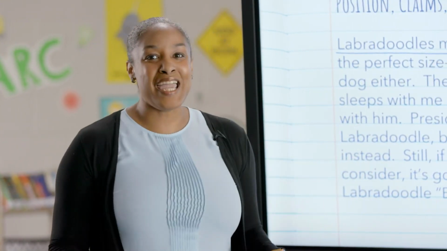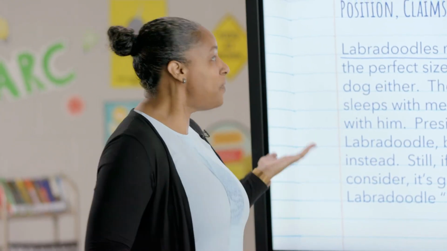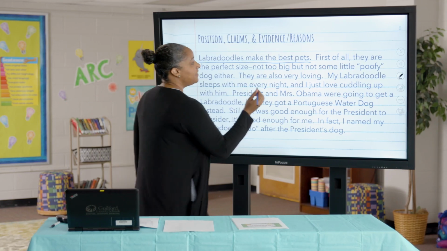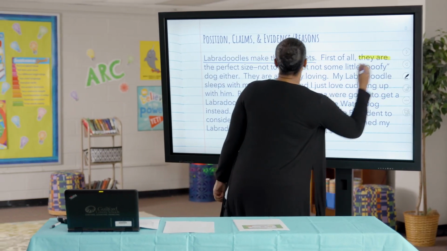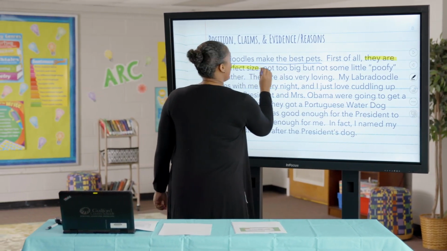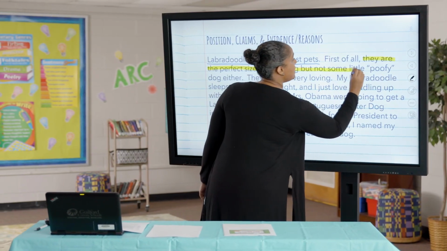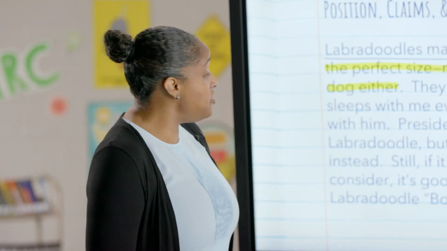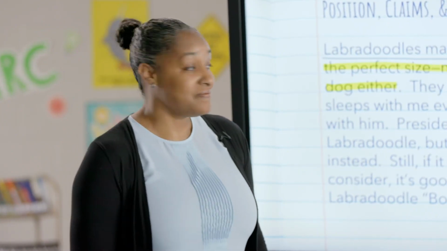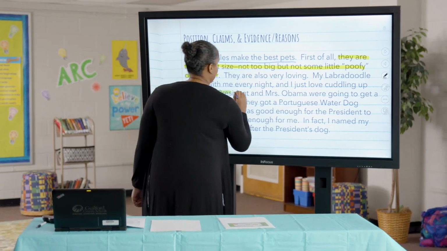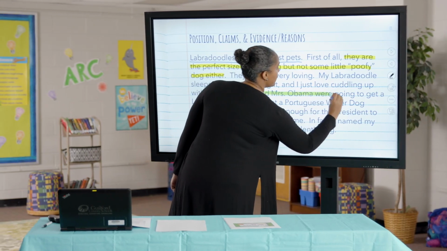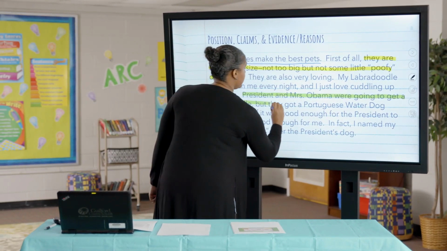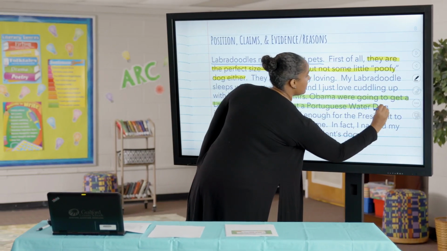Now let's find a claim that our author used to support that Labradoodles make the best pets. They are the perfect size, not too big, but not some little poofy dog either. Do you see anything else? I noticed that they mentioned the president and Mrs. Obama were actually considering this dog, but they got a different dog instead.